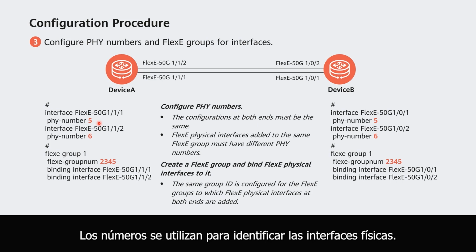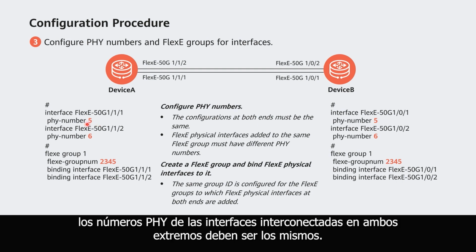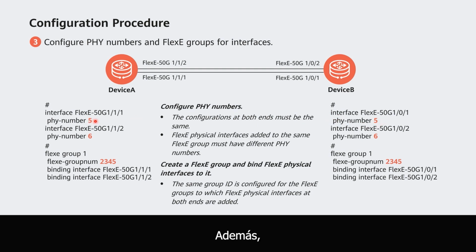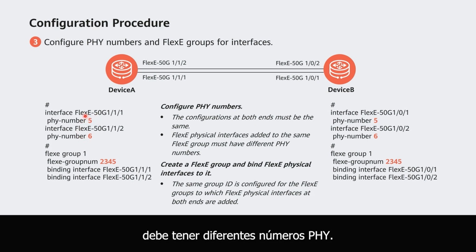The numbers are used to identify the physical interfaces. While each physical interface added to a FlexE group must be configured with a PHY number, the PHY numbers of the interconnected interfaces at both ends must be the same. In addition, the FlexE physical interfaces added to the same FlexE group must have different PHY numbers.